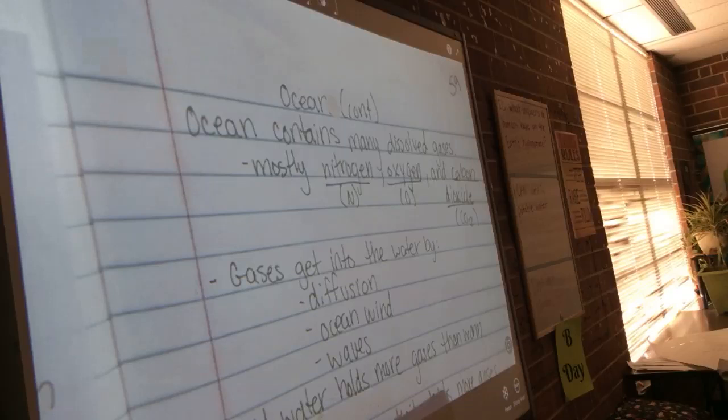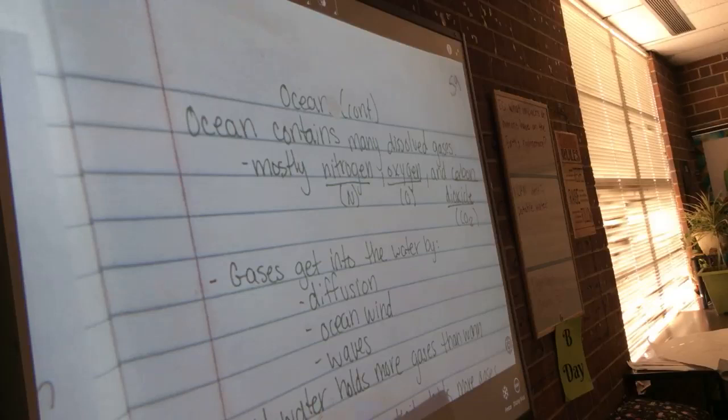And how these gases get in the water. We know that gases get in the water through diffusion, because we learned that in our freshwater unit. But with ocean, we also get the added benefit of wind mixing the water at the surface. It gets those gases into the water better. And also waves mixing in the water.